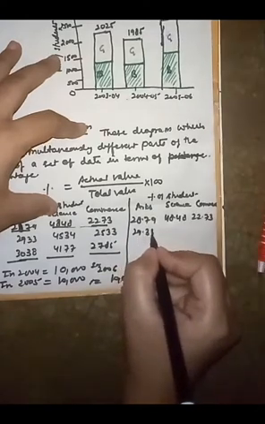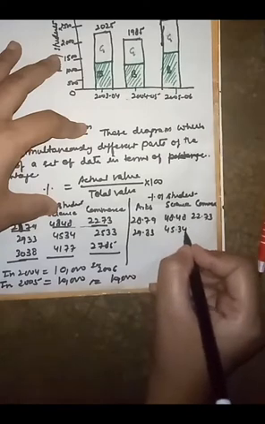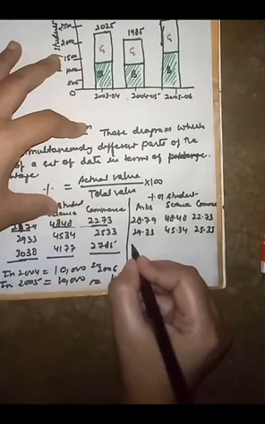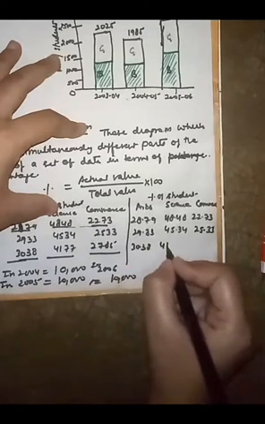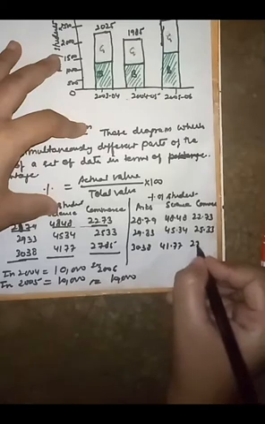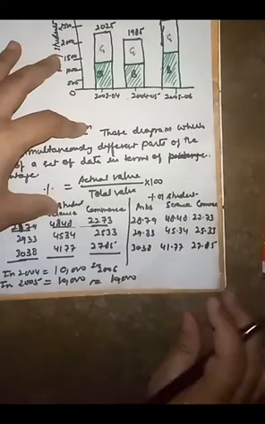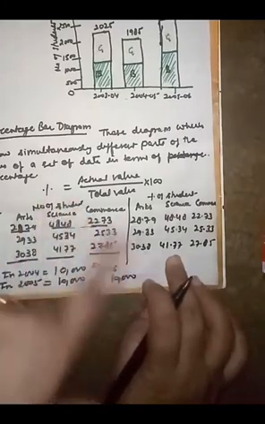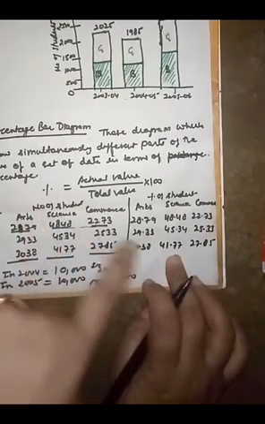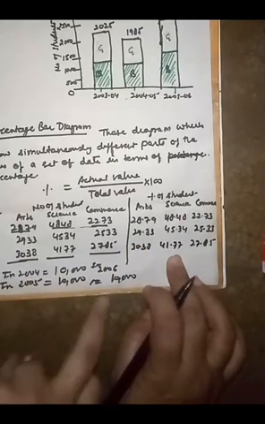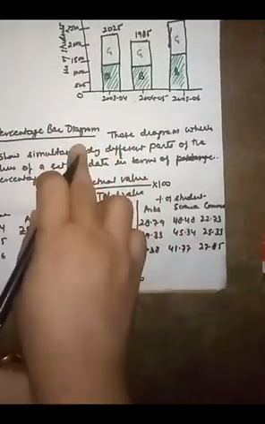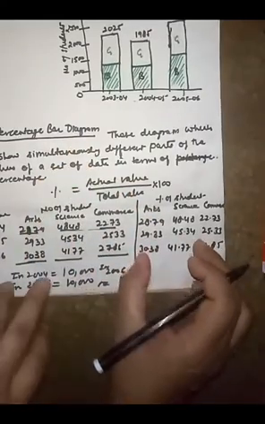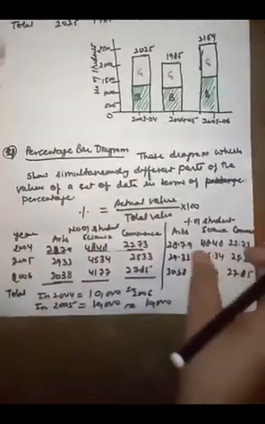This value comes 29.33, 45.34, 25.33. This value comes 30.38, 41.77 and 27.85. Right, friend? So you see, you convert all values into percentage form. Now if you want to make the percentage bar diagram, you use the percentage values. Now we draw the percentage bar diagram.